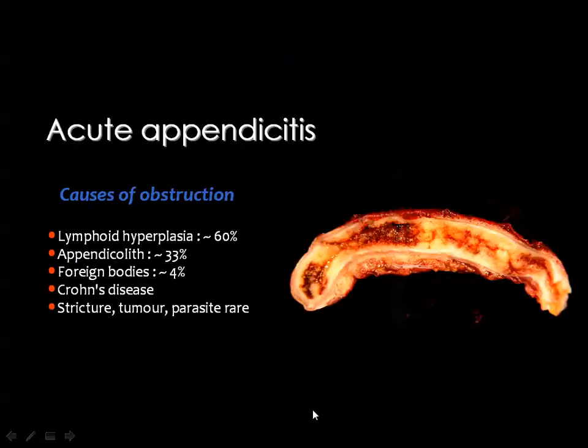Then the inflammation of the appendix will result when the appendix is obstructed, and obstruction is usually caused by lymphoid hyperplasia in around 60% of the cases, appendicolith, which is a calcified lesion, in about 33% of the cases, foreign bodies, Crohn's disease, structural tumors like carcinoid tumor, and even parasites.